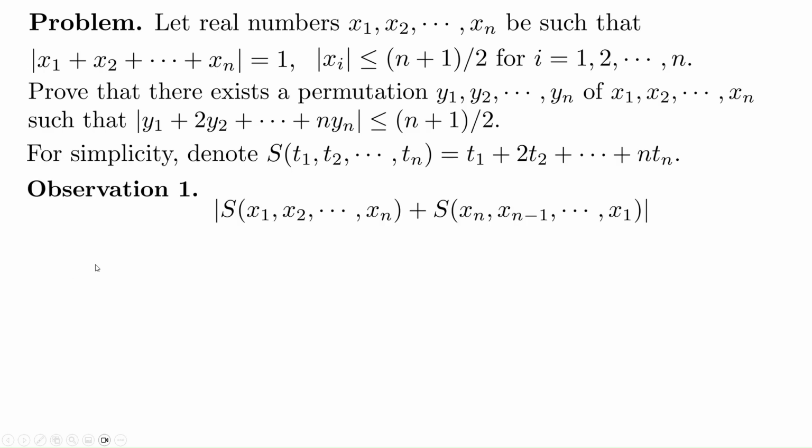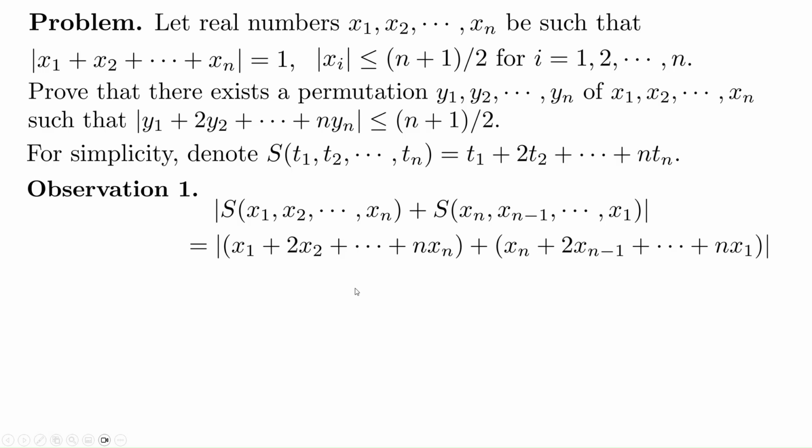There are two important observations. First, consider the original sequence x1, x2 to xn and its complete inverse xn, xn minus 1 down to x1. The addition of the two weighted sums, by definition, is x1 plus 2x2 plus up to n times xn, the first sum, plus xn plus 2 times x(n-1) plus down to n times x1, the second sum.